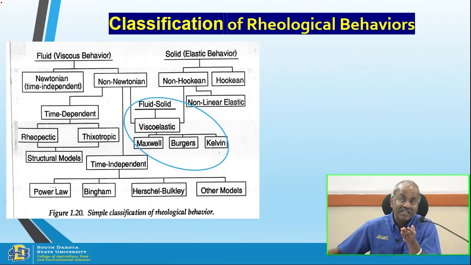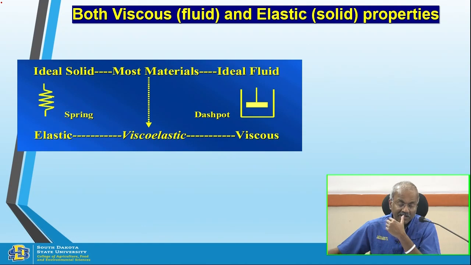It's more elastic and less viscous a lot of times. Very seldom is it more viscous and less elastic. Mostly it is both elastic and viscous. And there are different ways we can approach this. I'm going to explain to you one by one what is the best way to approach this, so that you will get a better understanding.